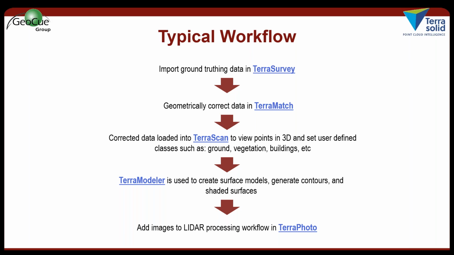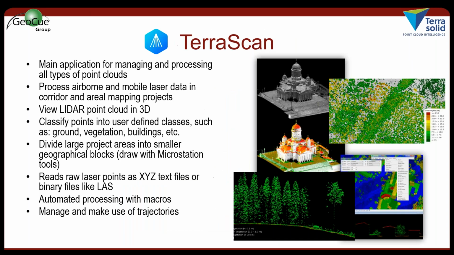processing. So TerraScan has a number of algorithms that are specifically aimed at point cloud processing. There are specific algorithms for airborne and mobile processing. There are some things in the product for terrestrial tripod scanners. There are some algorithms specifically aimed at photogrammetric point clouds.